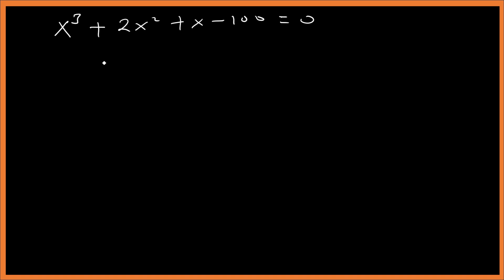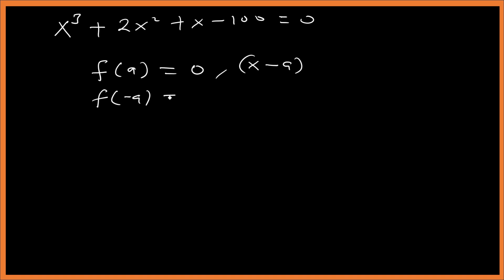Now if f of a equals 0, then x minus a is a factor of the polynomial. If f of minus a equals 0, x plus a is a factor.